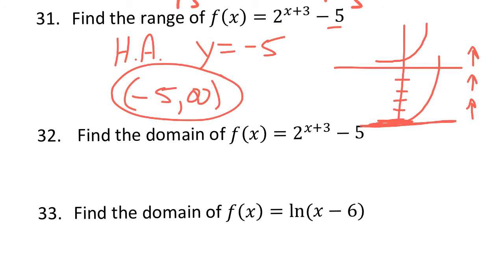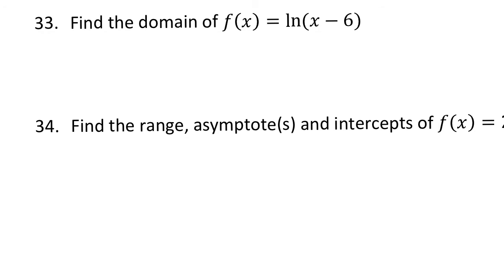The domain on 32, the domain of an exponential function: since an exponential function has a horizontal asymptote, a horizontal line will not stop you at all from going left to right. So the domain of any exponential function is negative infinity to infinity. Number 33, the domain of a logarithmic function.